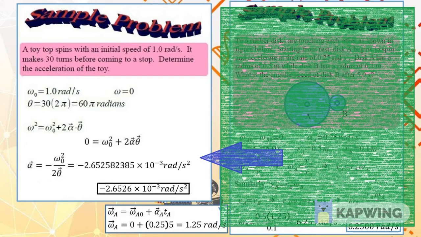Now, the question is, what type of accelerated motion is the object experiencing? Is the object undergoing uniformly accelerated, uniform angular acceleration that is? Or is the object experiencing non-uniform angular acceleration?